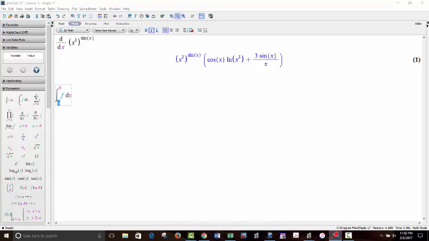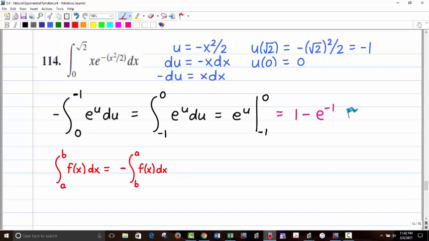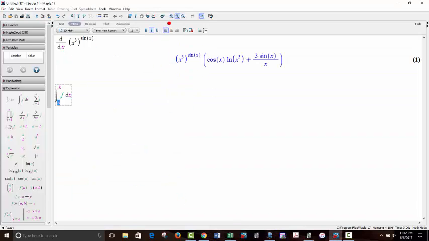So we have, let me zoom in, I'm already zoomed in, the integral from 0 to root 2 of x times e to the negative x squared divided by 2.